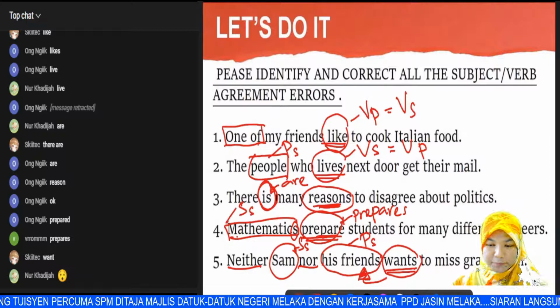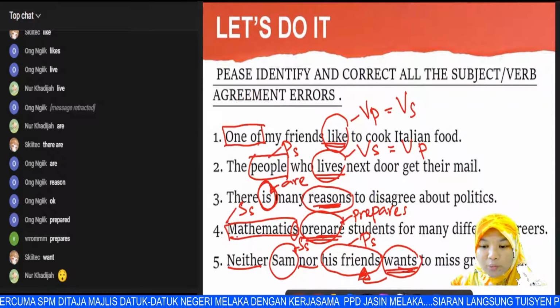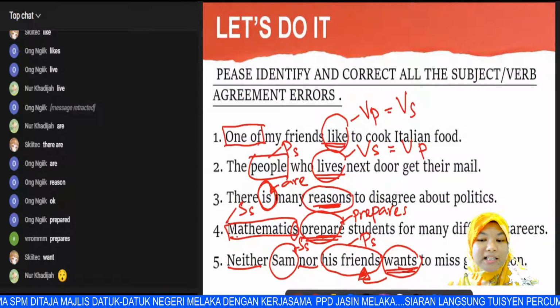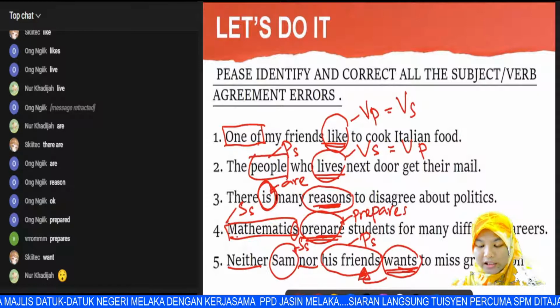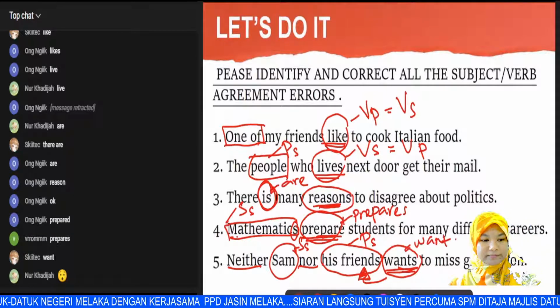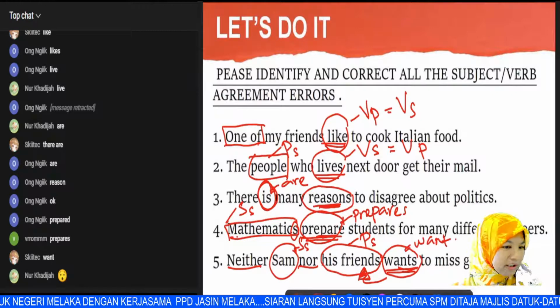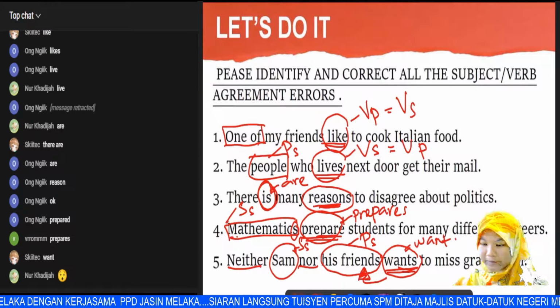His friends is plural, so we need to change the verb wants to become singular. So the singular form of wants is want. Okay, Skitai, yes, you got it correct. Good.